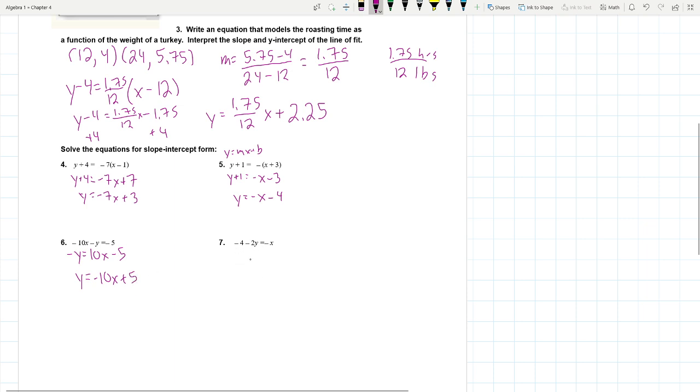Number 7, we're getting y by itself again. I need to move this 4. So I have negative 2y equals negative x plus 4. Then I'm going to divide everything by negative 2. I haven't shown my work on any of the other ones, so I start now. So I go y equals 1 over 2x minus 2. And that's the warm-up.